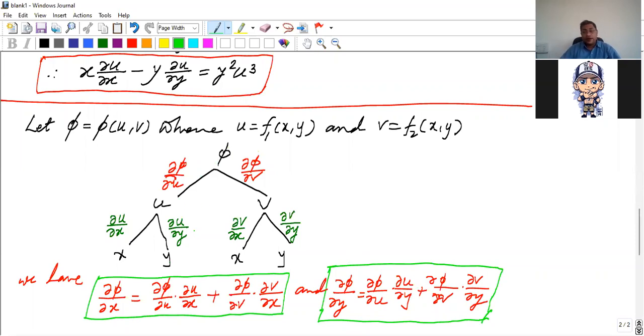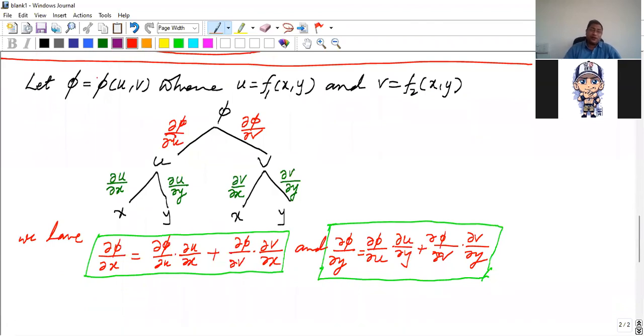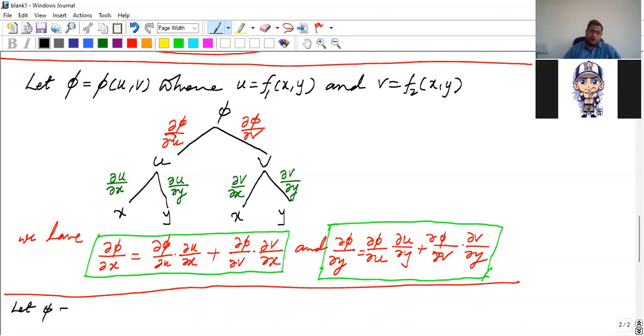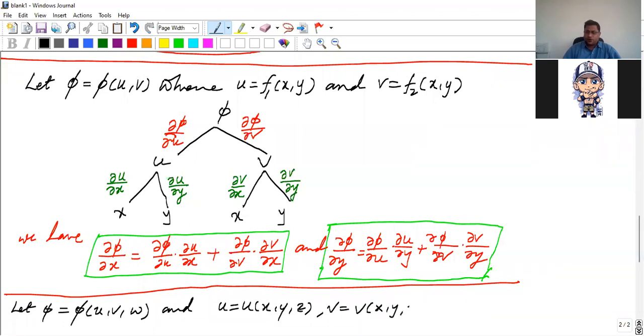Okay, so if it is a function of three variables, what we can have is, let phi be a function of u, v, and w, and u is a function of x, y, z, v is a function of x, y, z, and w is also a function of x, y, and z.